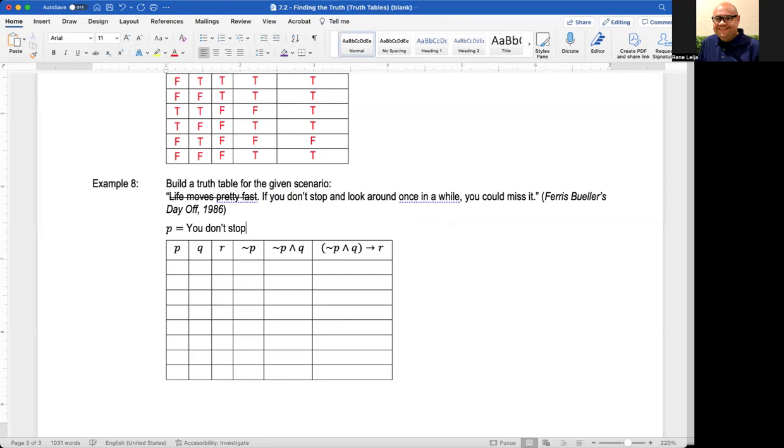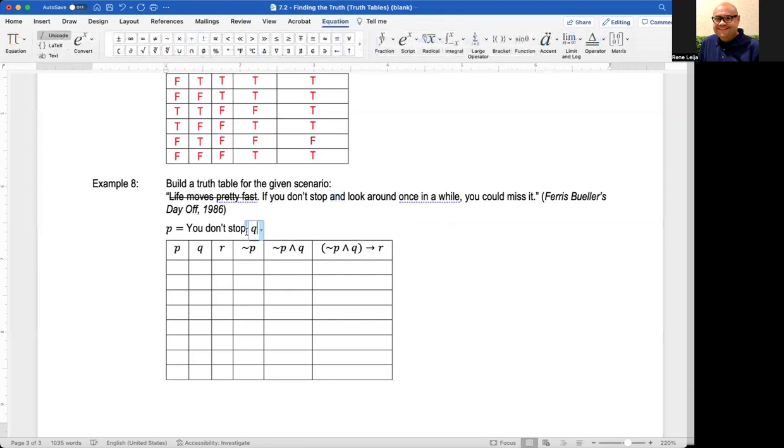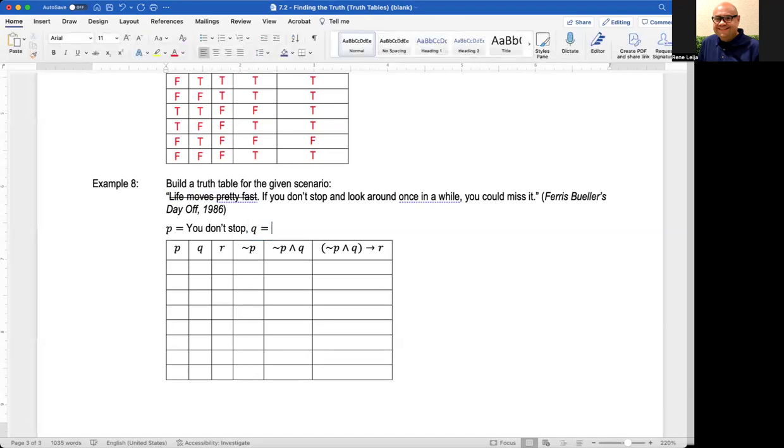Then we have the connective and, which means that's going to be our Q. So that's going to be look around once in a while. Then you could miss it. So that's your R.